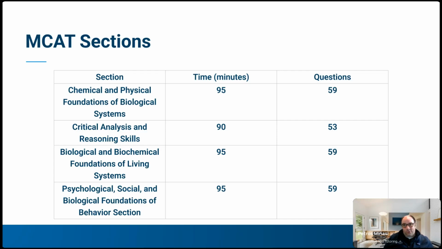I had a student who, a couple days before the MCAT, freaked out about alpha and beta decay because she'd seen one question and gotten it wrong. And I was like, don't worry about it. She's like, no, I got to study alpha and beta decay. I was like, don't worry about it. Super low yield topic. Sure enough, she didn't get any questions about alpha and beta decay on the actual exam. So yeah, high yield always first.